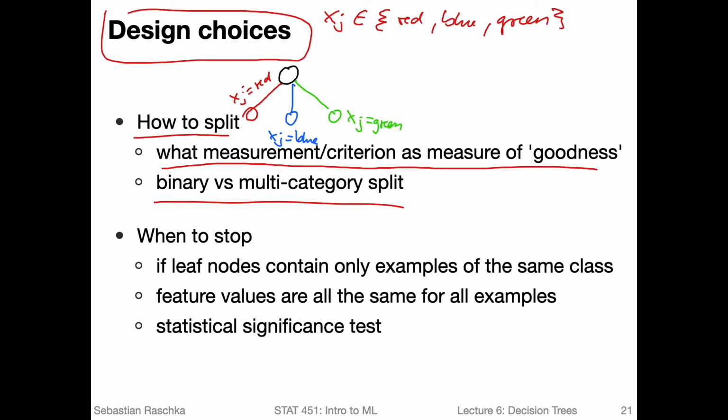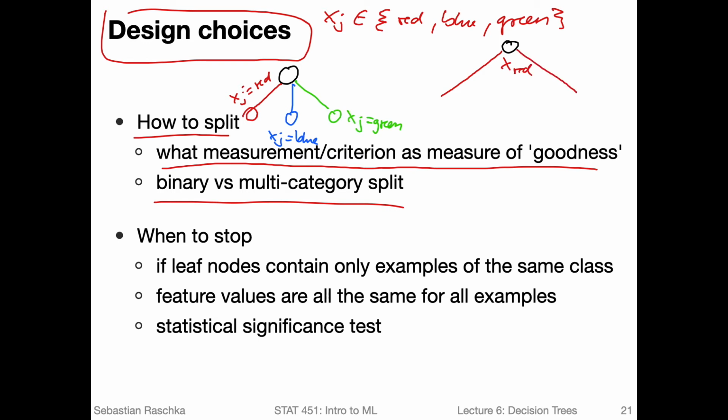However, we could write the same tree using binary splits. For example, we can convert this categorical feature into one-hot encoding, right? We saw one-hot encoding in the previous week. So we have a new feature, which we call xred, which can be either equal to 1 or equal to 0. We first use the feature xred as our criterion.